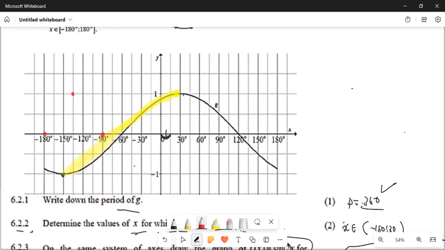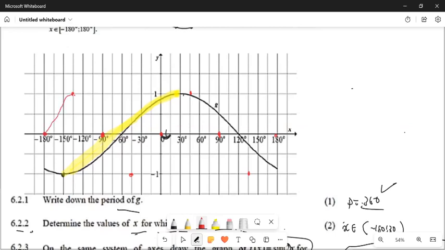Minus 45, negative 1. 0. 45, it's 1. 90, 0. 135, negative 1. 180, 0. And then after that, you simply connect your dots.